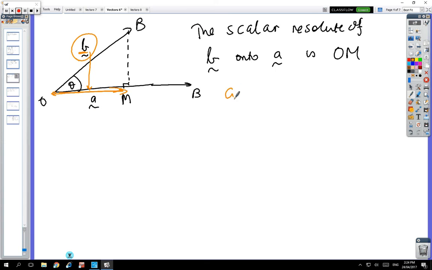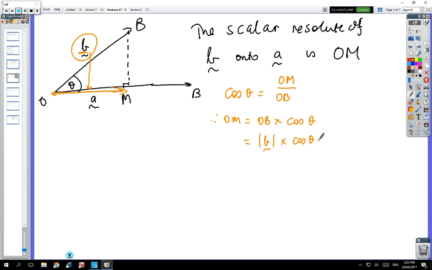So I've got cos theta equals OM on OB, and so that OM will be OB times cos theta. Now OB is the magnitude of B, times cos theta.